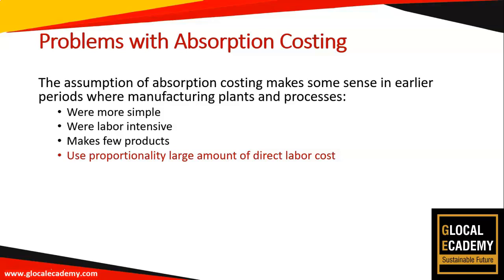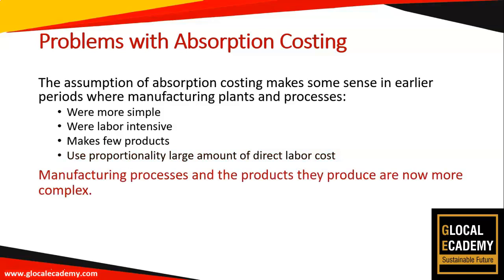Now we need to ask ourselves whether the business environment we are living in today is the same as in prior periods. Do companies today make few products, are the processes simple, are they labor intensive?